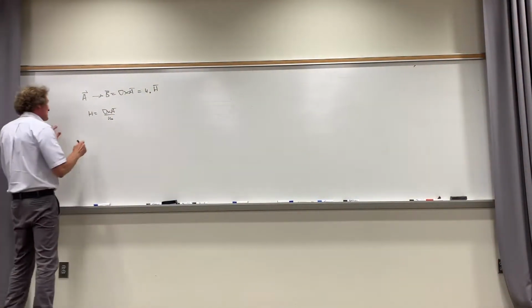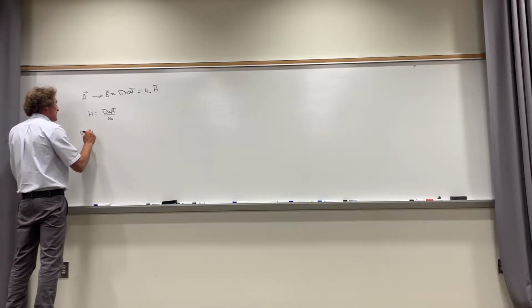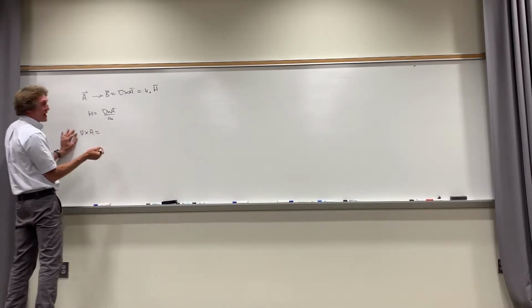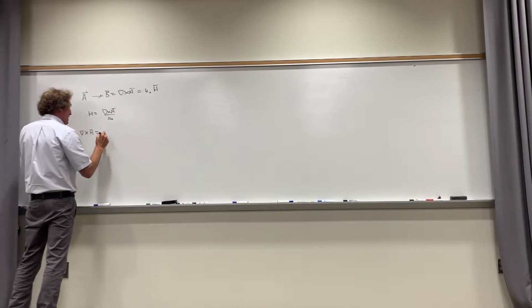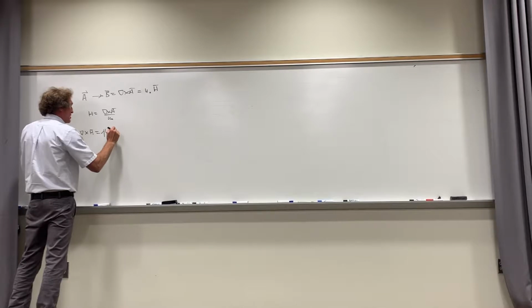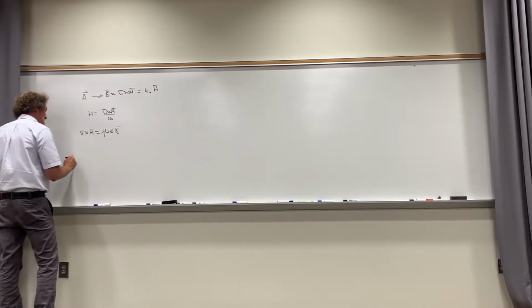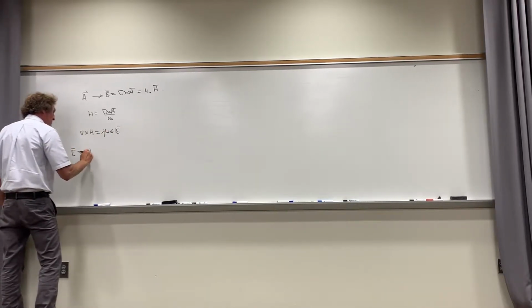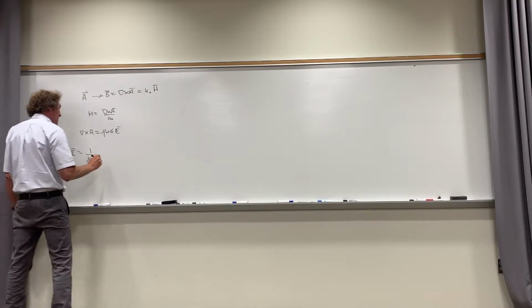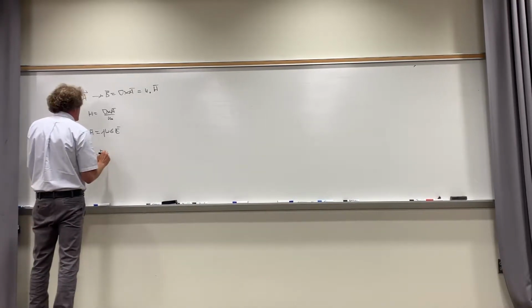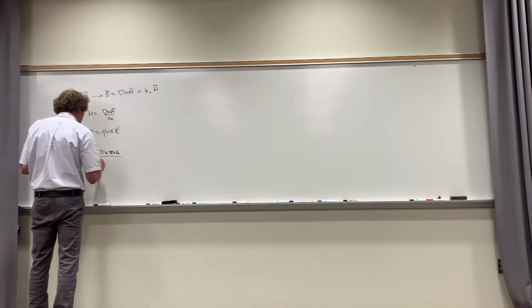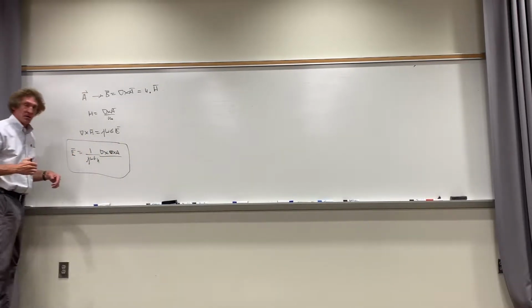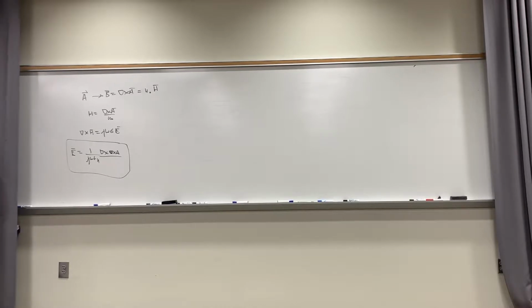And then if you take a look at this, I know curl of H is equal to usually J, but if you're not where there's a source, J is 0 if you're far away, and it's going to be plus j omega epsilon times E. So now I could say that E is equal to 1 over j omega epsilon times curl of H, and H is equal to curl of A over mu. And this is the electric field based on the curl operations.